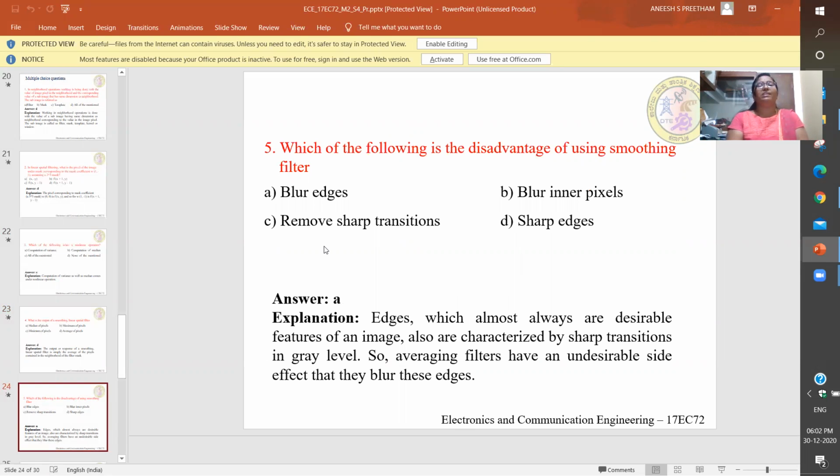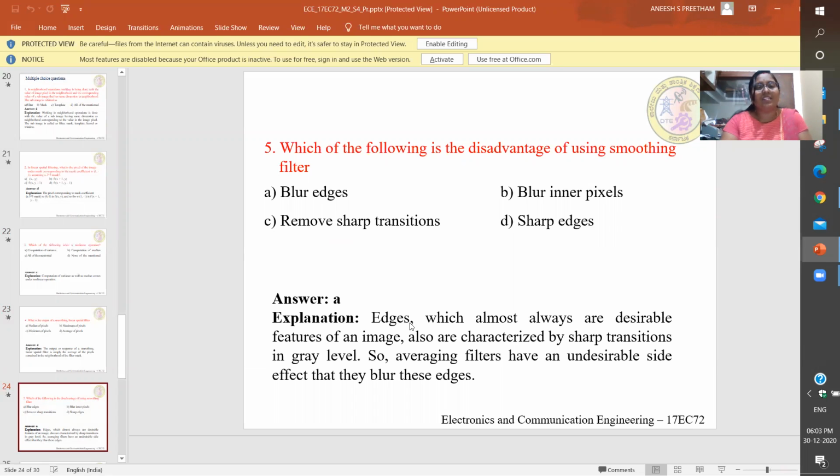So fifth question, which of the following is the disadvantage of using smoothing filter? Options are blur edges, blur inner pixels, remove sharp transitions, and sharp edges. So option A is the correct one, that is blur edges.